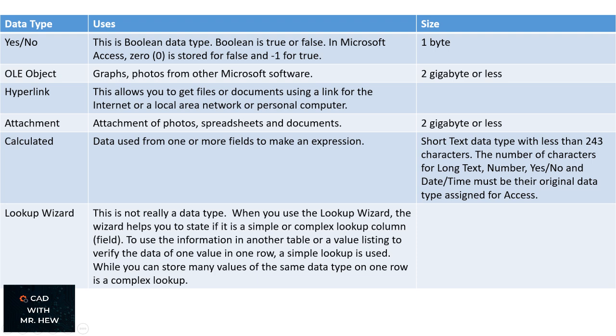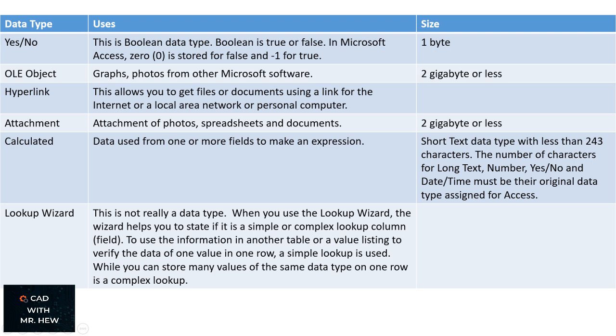A hyperlink allows you to get files or documents using a link from the internet or from a local network or from a personal computer, which is a local computer. Then another data type you have is an attachment, used for attaching photos, spreadsheets, and documents. And you have 2 gigabytes or less in terms of the size.